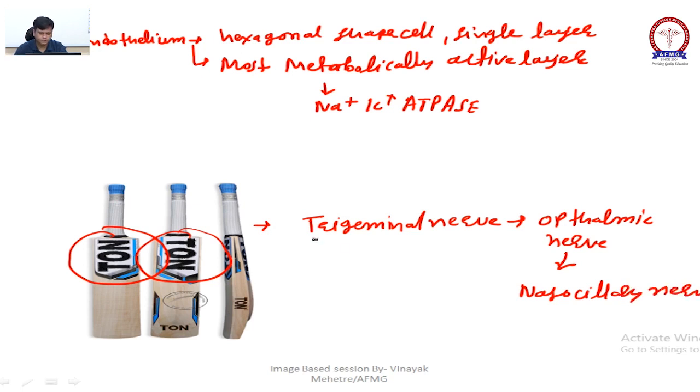Now the mnemonic will be TON, ton. This is the nerve supply of cornea. Now from where does cornea get nutrition? Anyone? Oxygen comes from air, and nutrition comes from aqueous humor.